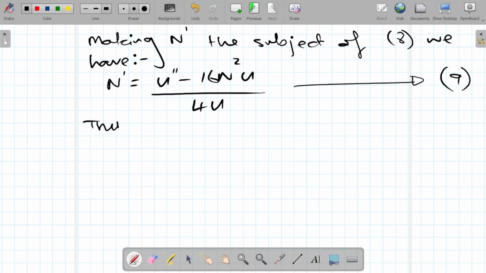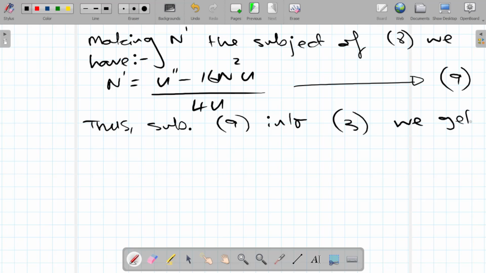Thus, if we substitute equation 9 into equation 3, we get, there is another substitution that we need to do with the next equation that we're about to get, but I'll do that when we've written the next stage down, and then hopefully it won't be as confusing.